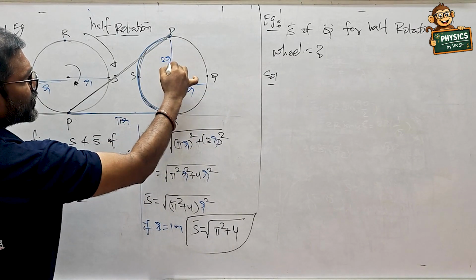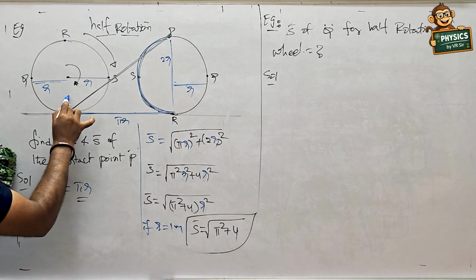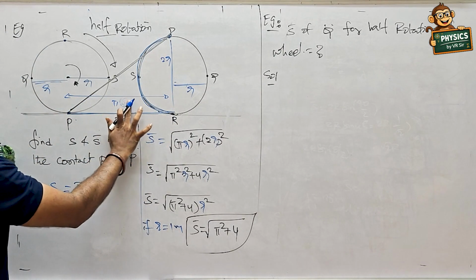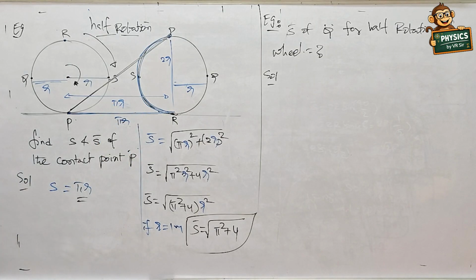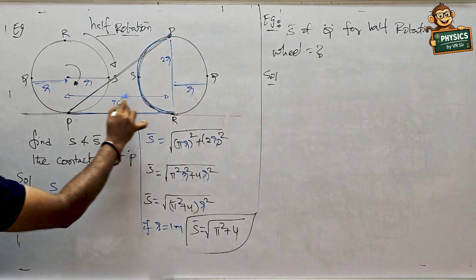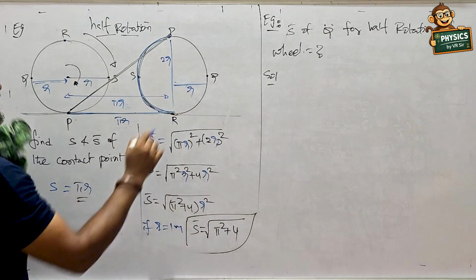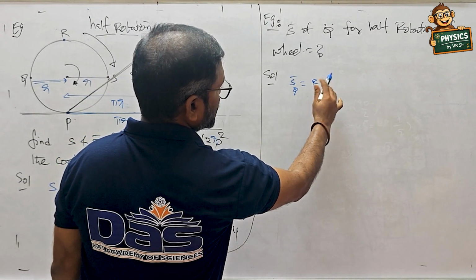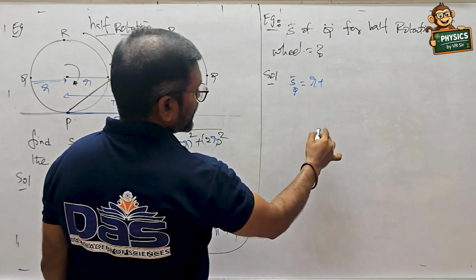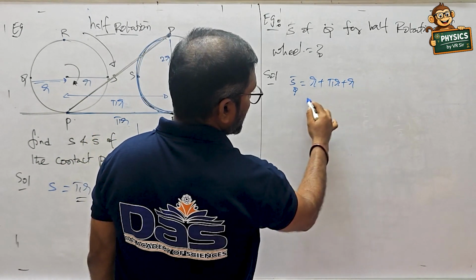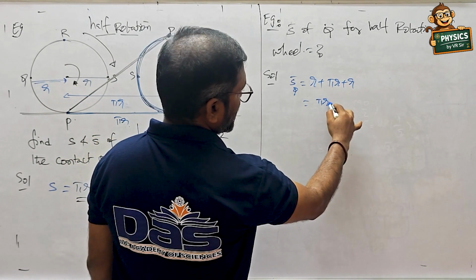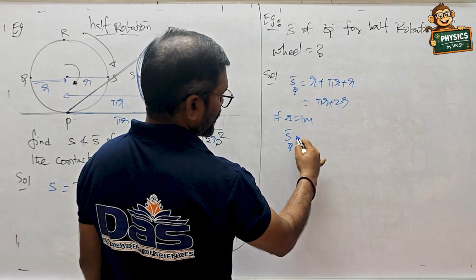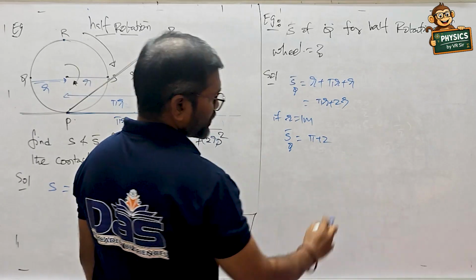From here to here we already know it is pi r. Now look here: r plus pi r plus r, and that is the displacement of Q. Therefore, displacement of Q is r plus pi r plus r, which is pi r plus 2r. And if r is 1 meter, displacement of Q is pi plus 2.